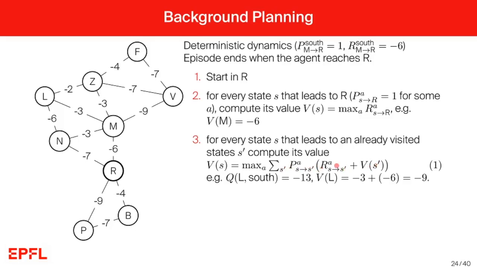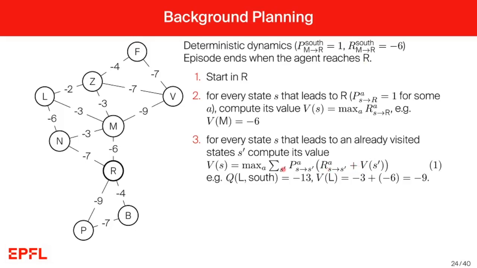And we add up just the reward for this immediate action, plus the value of the next state, of the next city. I did not include a discount factor gamma here because we are in an episodic setting that ends when the agent reaches Rome, but we could include a discount factor gamma.